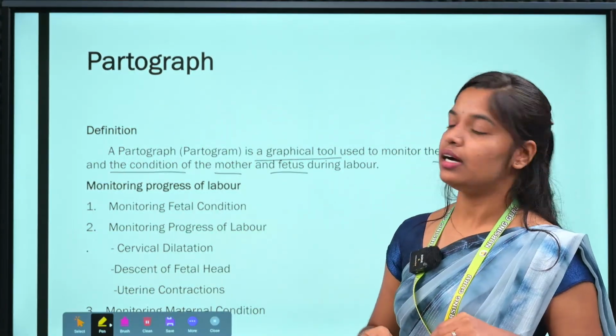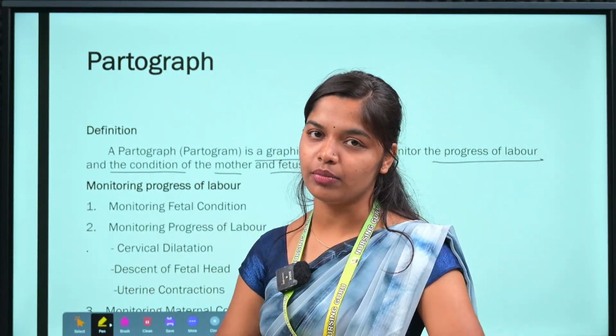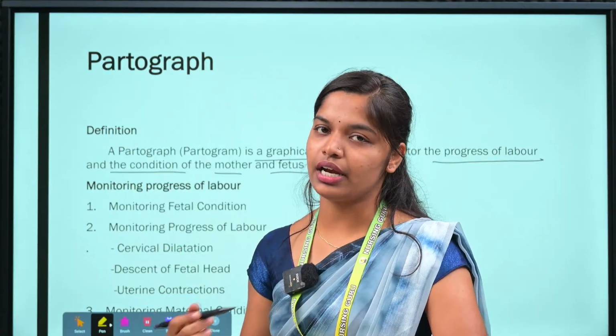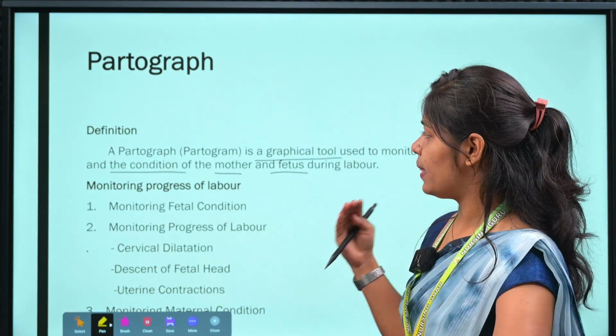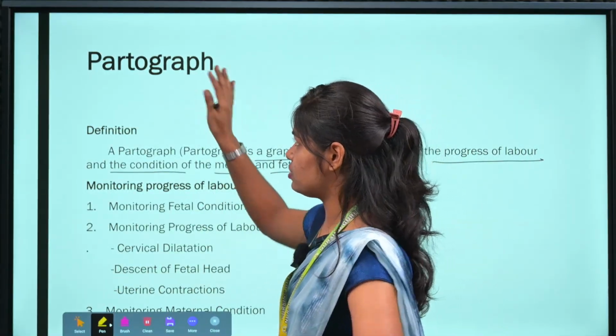It is the graphical tool which we are going to use to monitor the mother and fetus condition and also the progress of the labor.